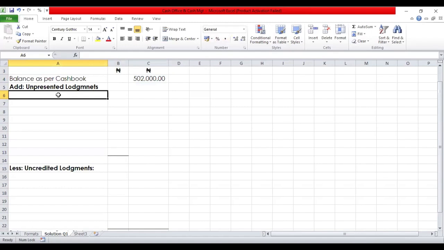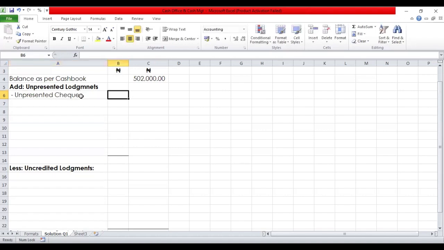Now, unpresented lodgement from the question. What was the first one? 2,000. Check number 51522. Is it unpresented or uncredited? You need to bring it on board. Unpresented check. Unpresented checks.